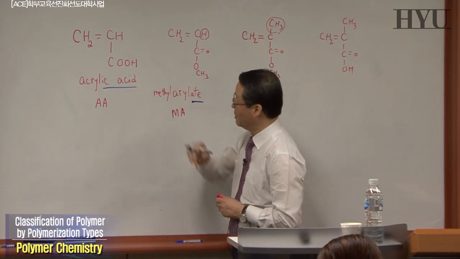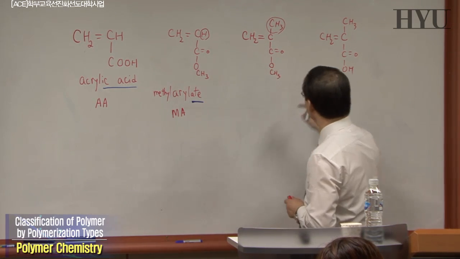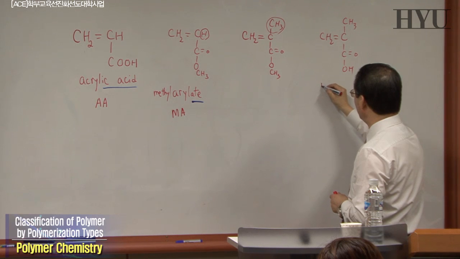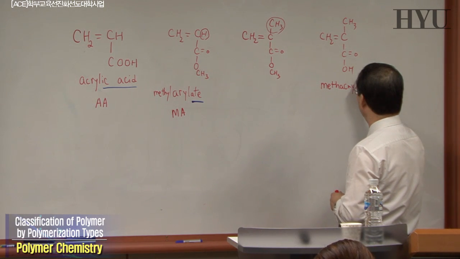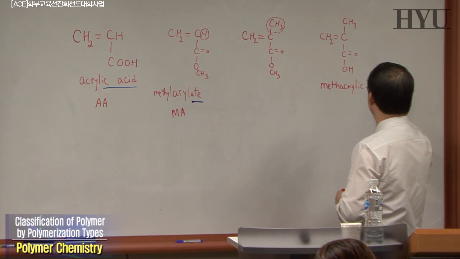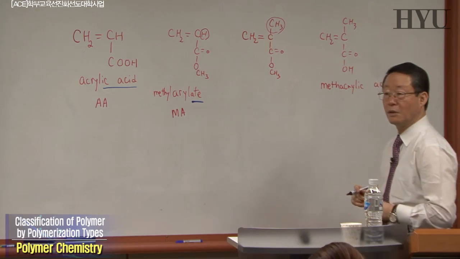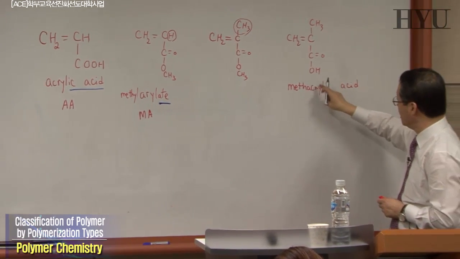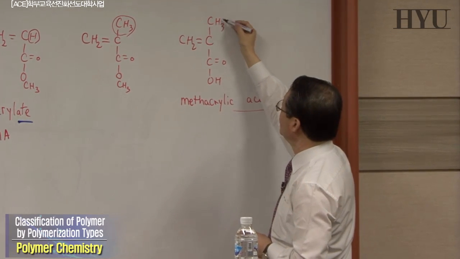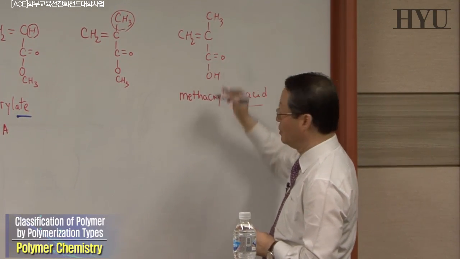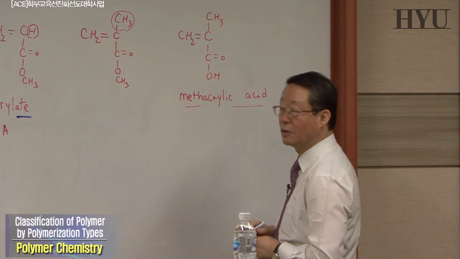First monomer, again, is acrylic acid, but this one is called methacrylic acid. This has a carboxylic acid, of course, but because of the methyl group in the alpha position in the vinyl group, we call this methacrylic acid.